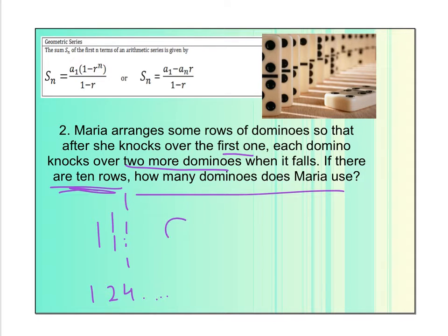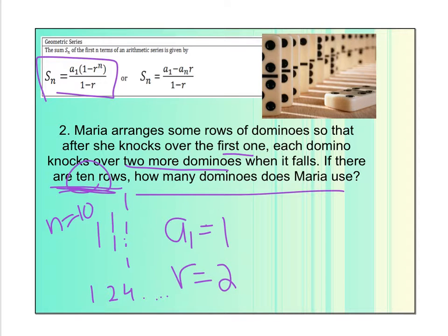My a1 is going to be 1. My common ratio is going to be 2. I'm multiplying by 2 every single time. So after 10 rows, which formula am I going to use? I'm looking at this one because I know those three things: my first term, my n, and my ratio.